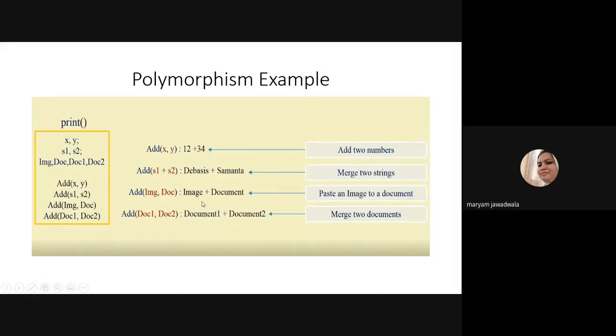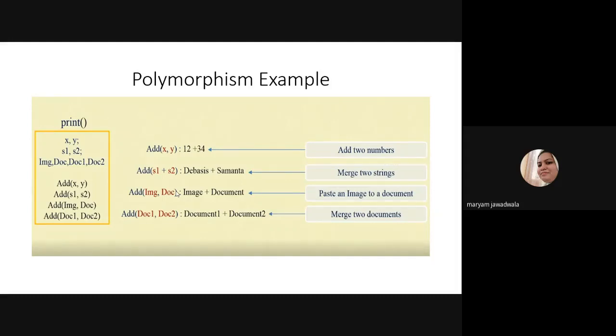Here the system will paste an image into the document, right? And for the third one, if I pass document 1 and 2, then the system will merge two documents. So what is polymorphism? You write a single function add, but you pass different types of arguments. Based on the argument, the system will produce a different output.